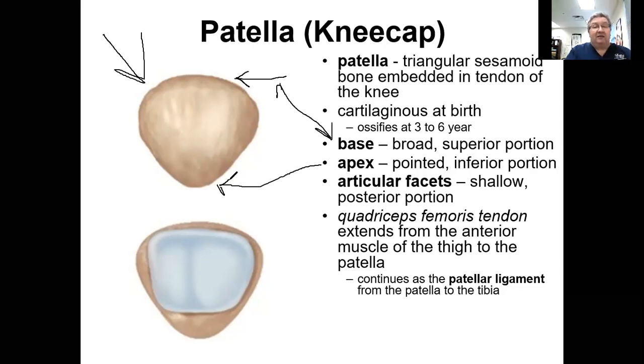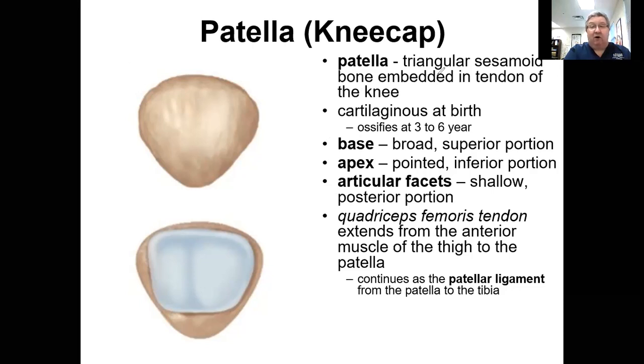Also know that it is a sesamoid bone because it is within the quadriceps tendon. It is within the patella tendon itself. But on the exam, I will ask you about the base and the apex of the patella. All right. It is confusing.